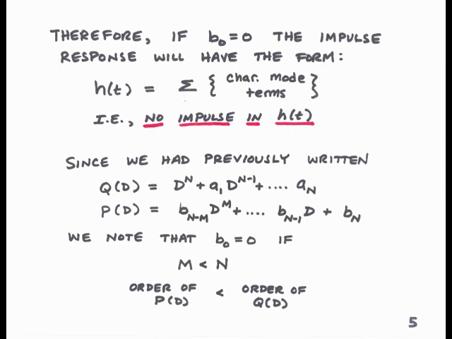We had previously written our polynomials q of D and p of D as shown here, and you'll note that b0 is equal to 0 if the order of the p of D polynomial, called m, is less than the order of the q of D polynomial, called n. This is the condition which determines whether the impulse response will have an impulse in it or not. That is, it determines whether an impulse will pass through a system when it is presented as an input to the system.